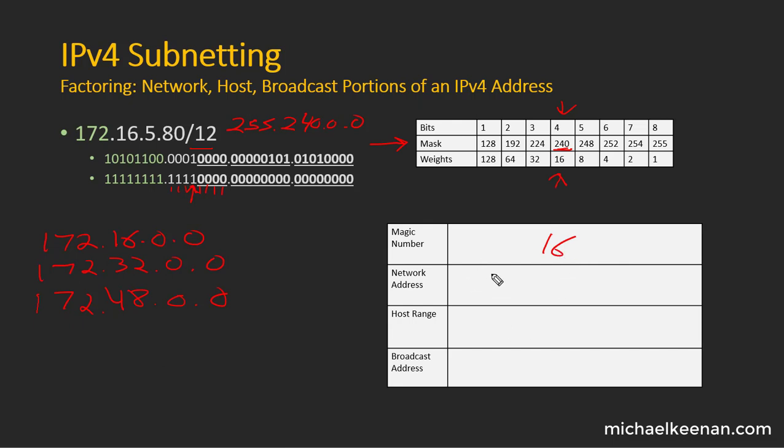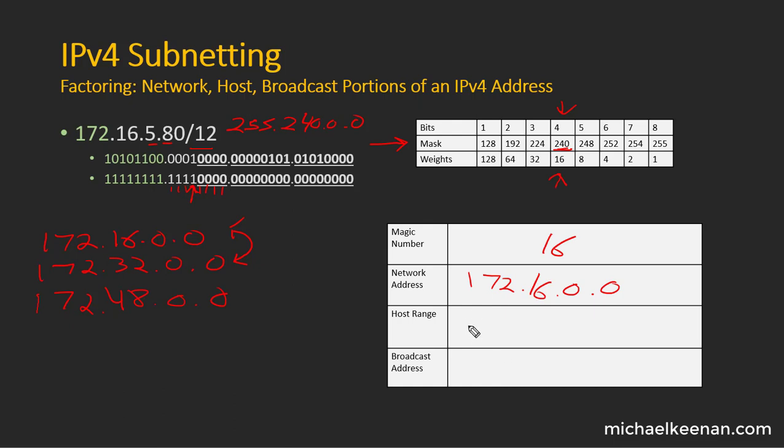So the network address for this is going to be, because we know that the IP address 5.80, that's where the host is, that falls in between 172.16.0.0 and 172.32.0.0. So we know that the network is 172.16.0.0.